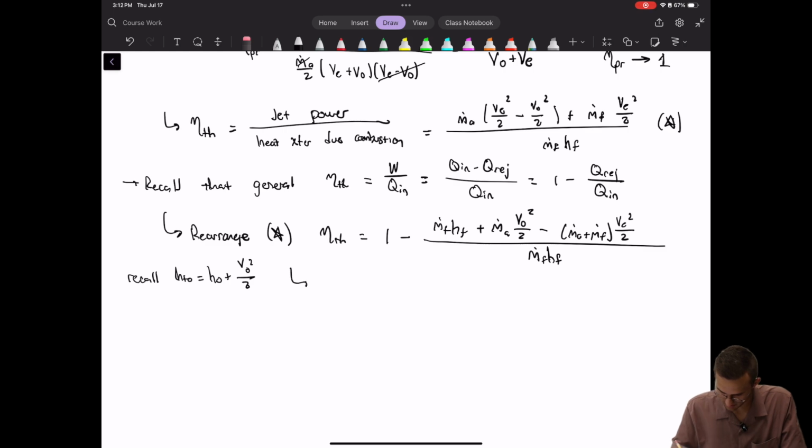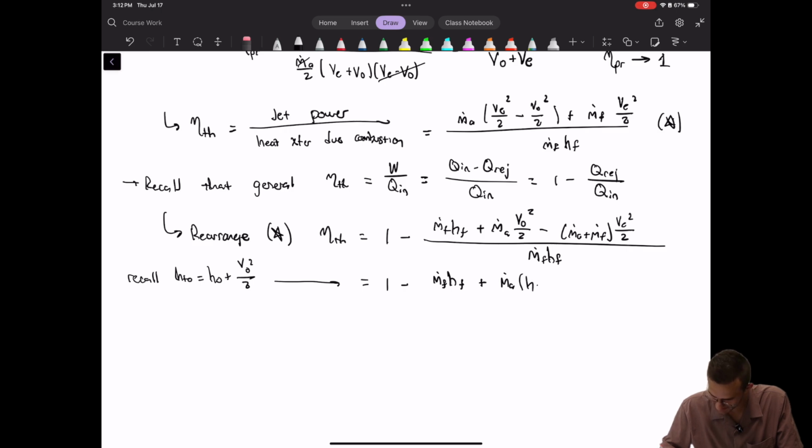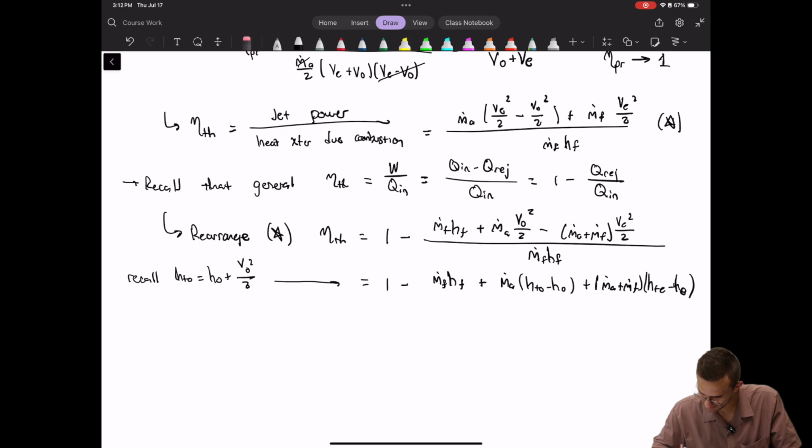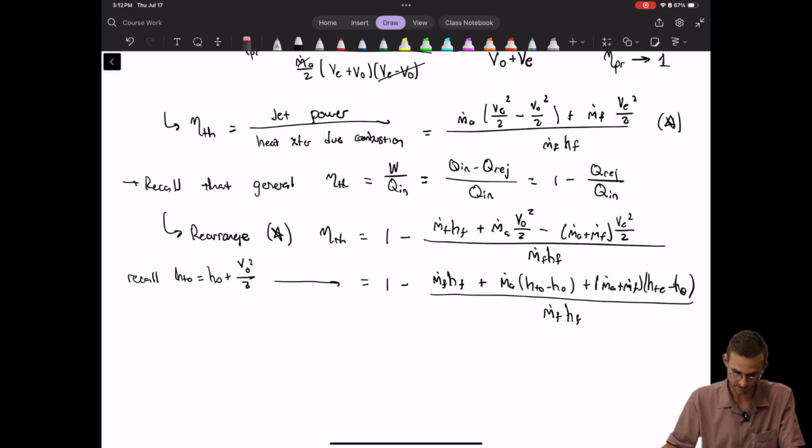So that means this is also equal to 1 minus [m dot f hf plus m dot a times the quantity ht naught minus h naught, plus the quantity m dot a plus m dot f times hte minus he], all divided by m dot f hf. That's hard to read, sorry.